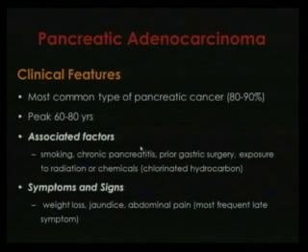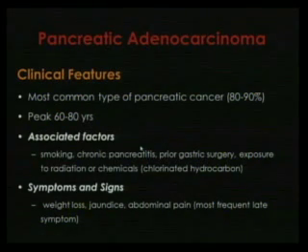Regarding the clinical features, pancreatic adenocarcinoma is the most common type of primary malignancy, 80 to 90%, usually between the 6th and the 8th decades. Associated factors: smoking, chronic pancreatitis, prior gastric surgery, exposure to radiation or chemicals can affect the pancreas and act as predisposing factors.